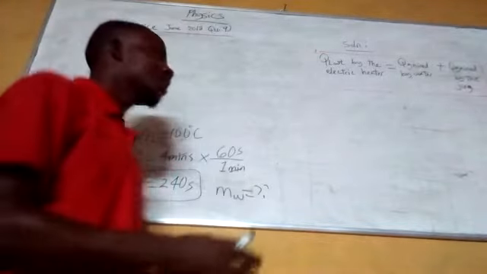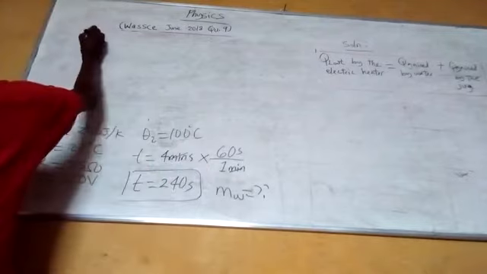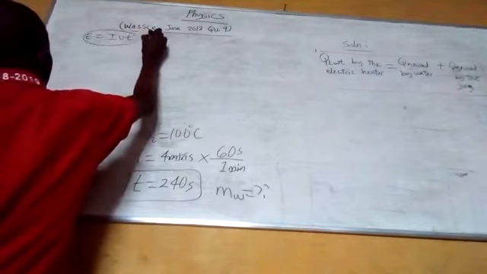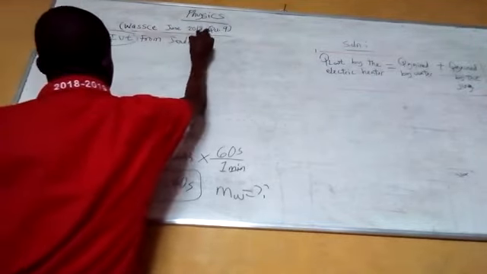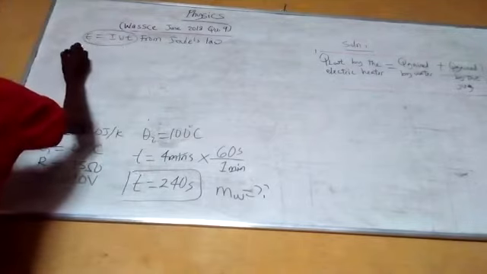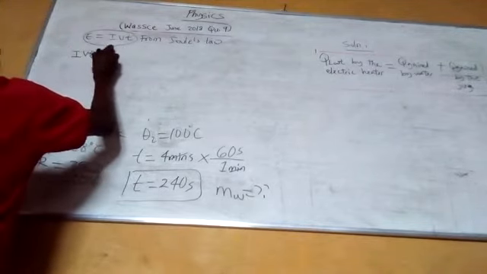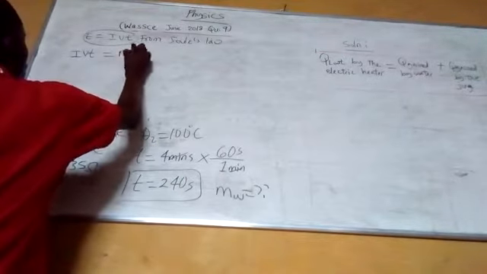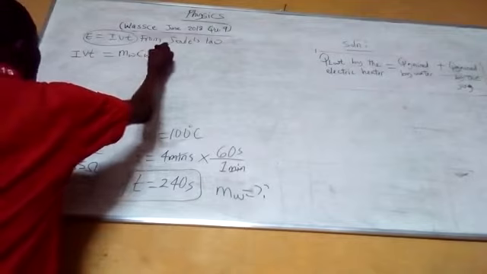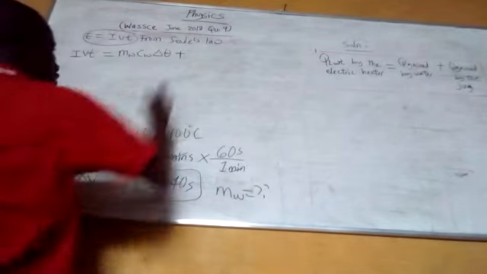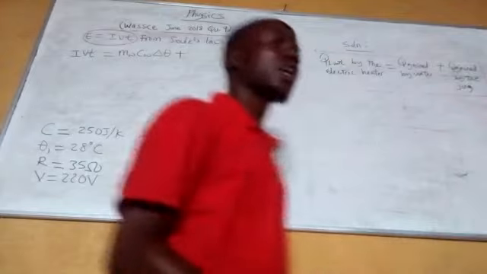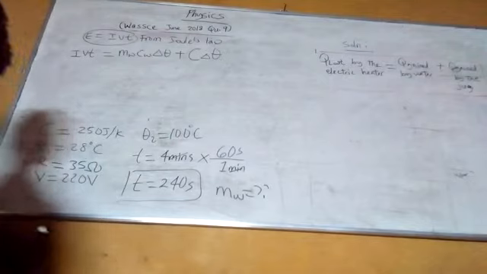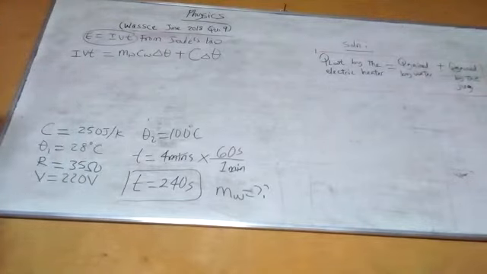Joule's law tells us that the heat developed in a conductor is equal to I times V times T. So we have IVT, which will be equal to the heat gained by water, the mass of water times the specific heat capacity of water times change in temperature, plus the heat gained by the jar, the heat capacity of the jar times change in temperature. In our problem, we are not given I.